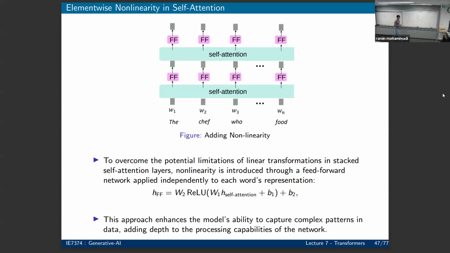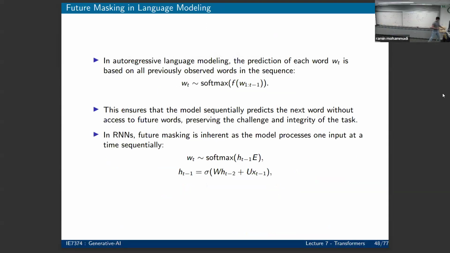Now we go to the next one, which is the generative part, the decoder section. The first thing in the decoder is the concept of future masking. Why? Because if you want to build a model that generates, the model should not see the future states.